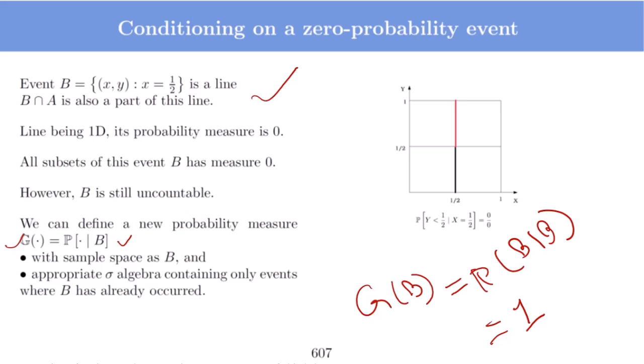It means the probability measure of this line should be 1. And because of uniformity, it will just become the length of the line. Relatively, you can say G of A is just the length of the line segment representing A.